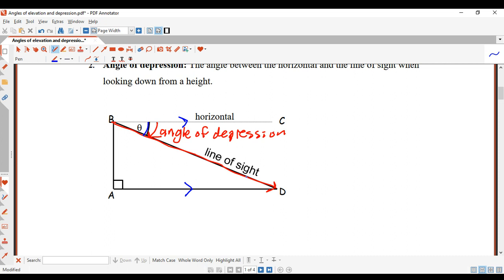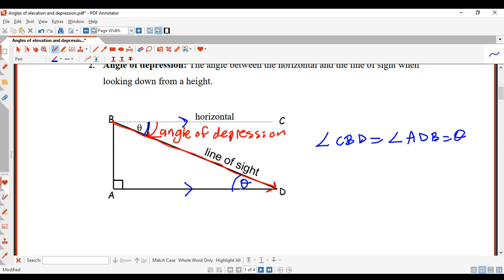This angle here and this angle here are equal, which means if that's theta, this is theta. Okay, so we say that angle CBD is equal to angle ADB, equal to theta.